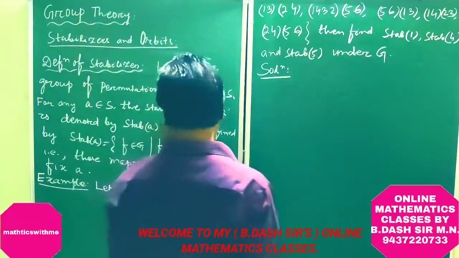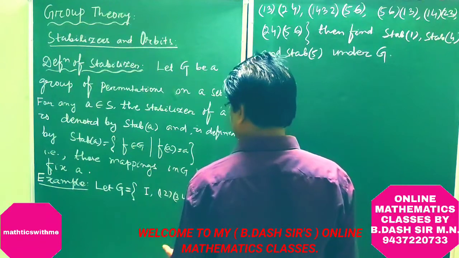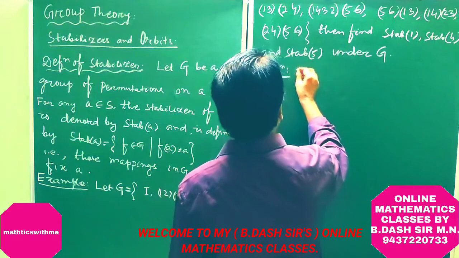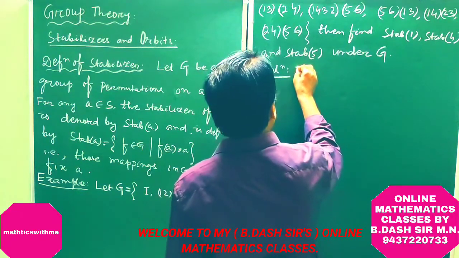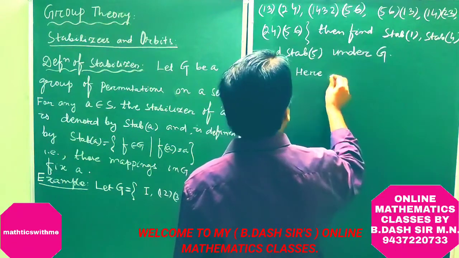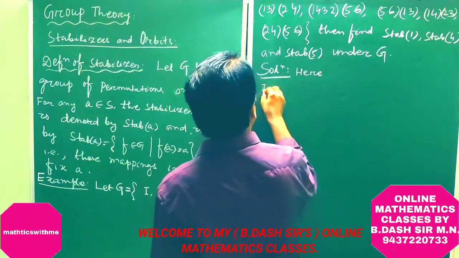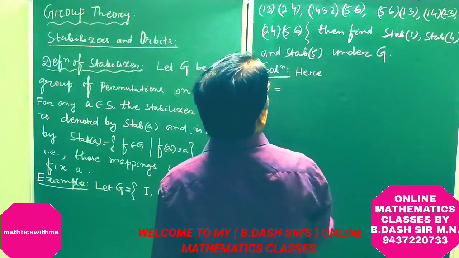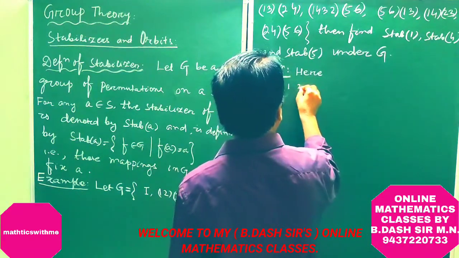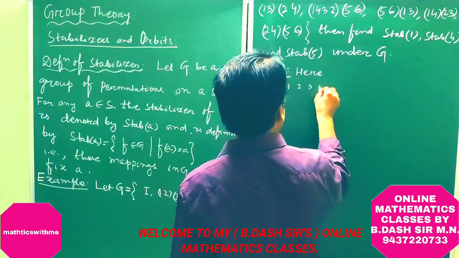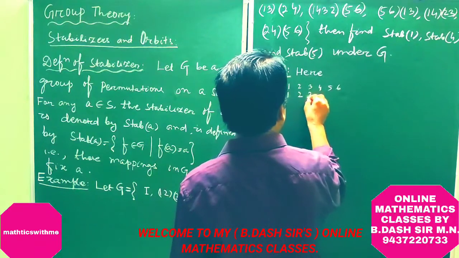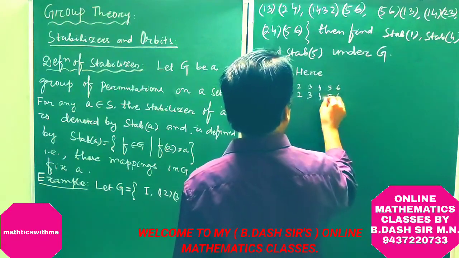First of all, we have to expand these permutations which are given in the group G. Here I is equal to, the maximum element is 6, so 1, 2, 3, 4, 5, 6 maps to 1, 2, 3, 4, 5, 6.